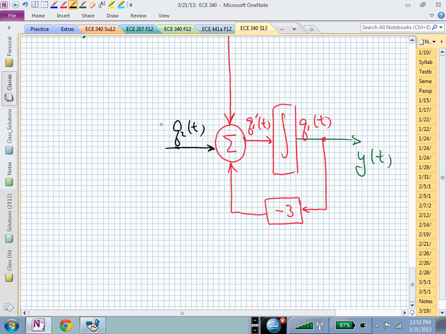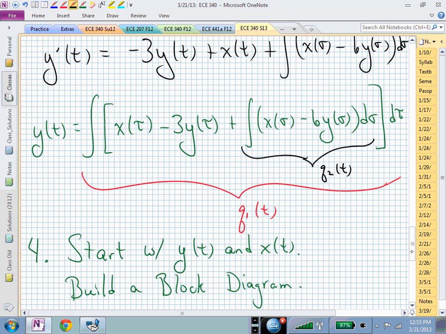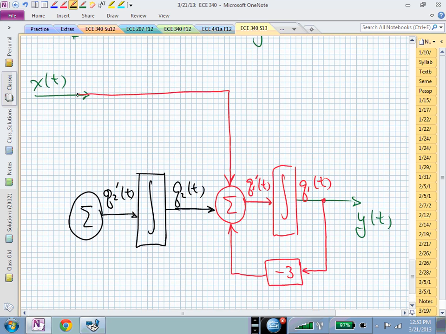Meaning q sub 2 was the output of an integrator, and now I need to build up q sub 2 prime. And what is q sub 2 prime? It's the input x. So I can now pull this input and put it right there.